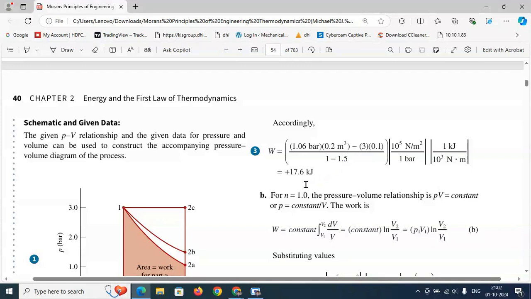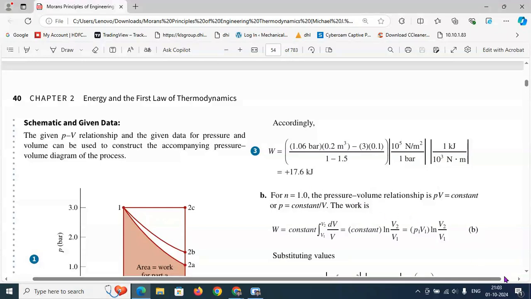With respect to gas, it is negative. But we have to talk about the piston, so it is positive. 17.6 kilojoules. Okay. So to keep in kilojoules, they have not converted the bar. Or if you take the bar, then convert all these values into kilojoules. So all conversions also they have mentioned. From those values, you can write the answer.